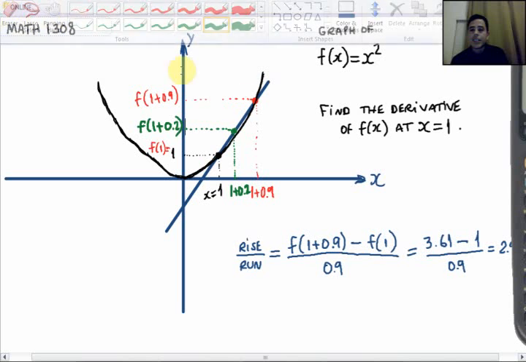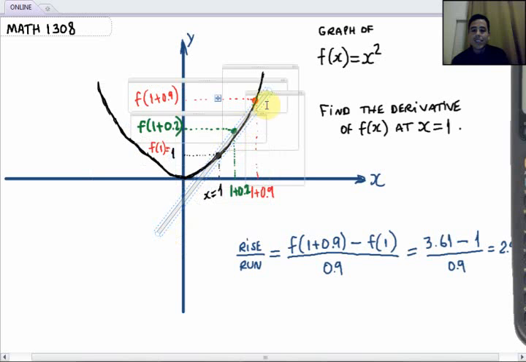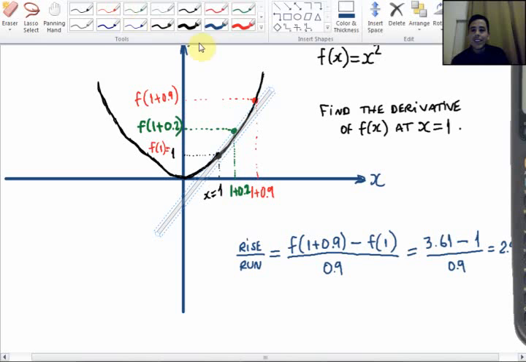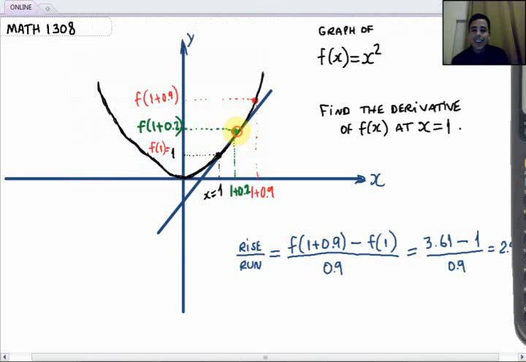And now my secant line, I'm trying to draw that line here. There we go.